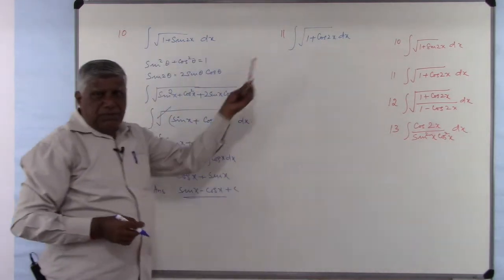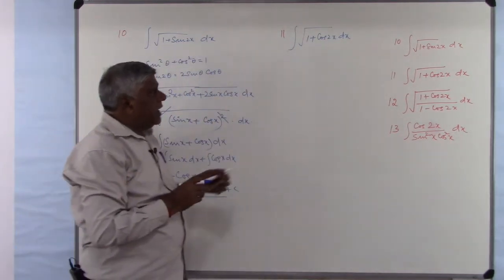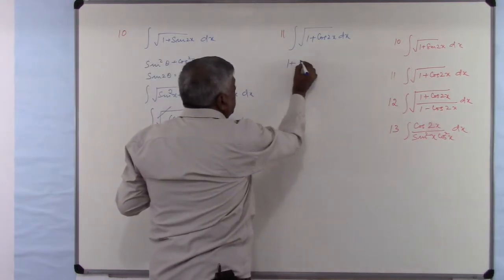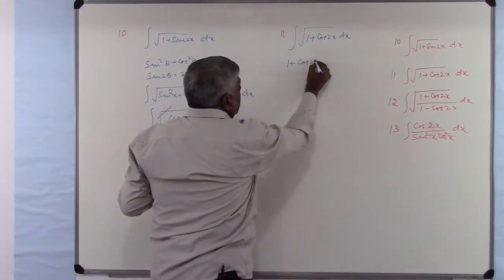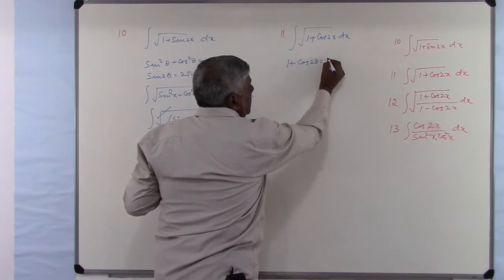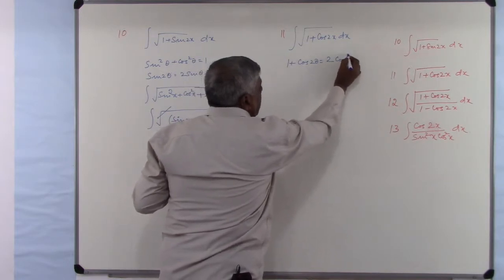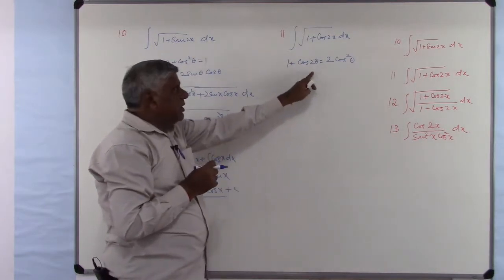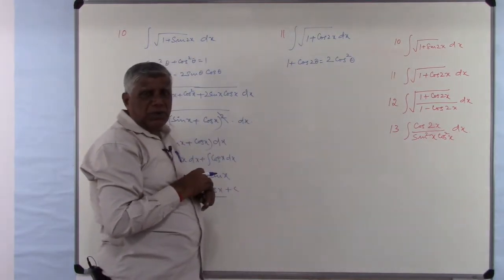See, this is the problem. Now for this we have one more formula here. I am going to write that. We know that 1 plus cos 2 theta is equal to 2 cos square theta. See, this is the actual formula.